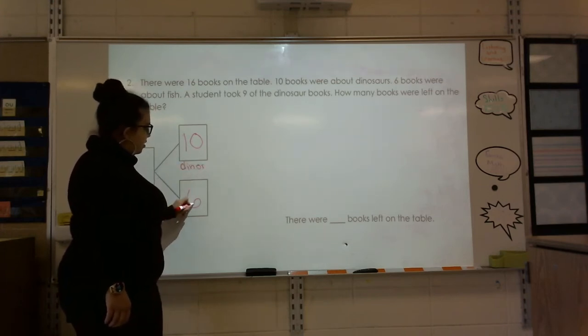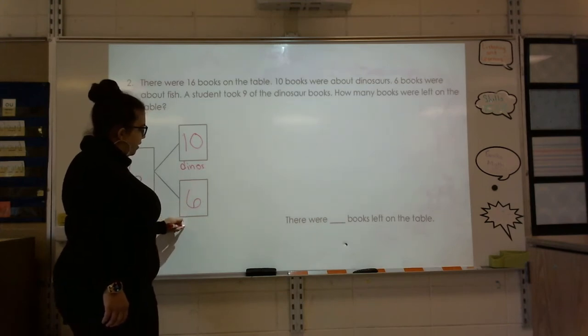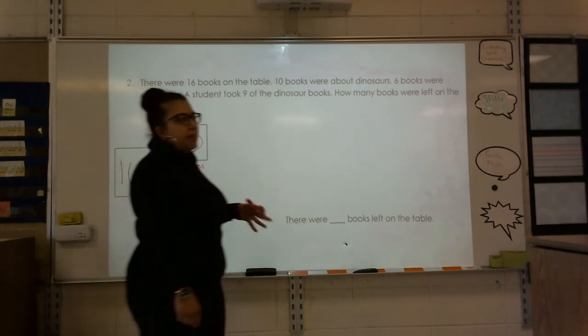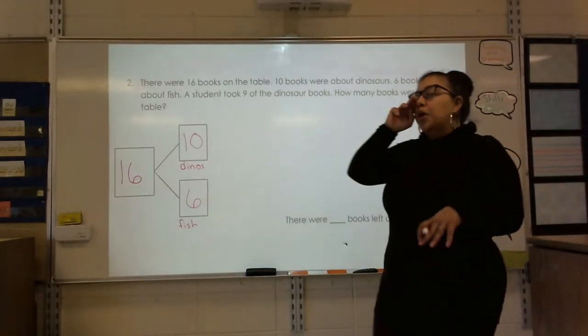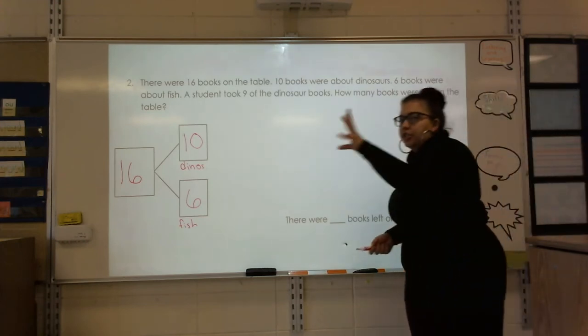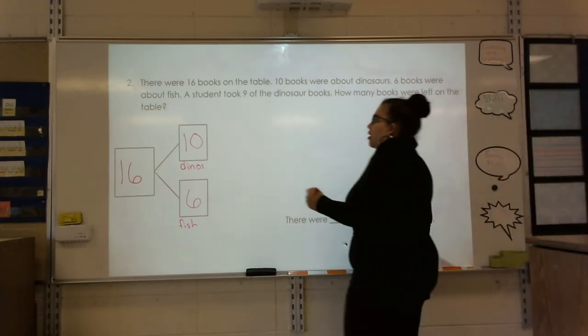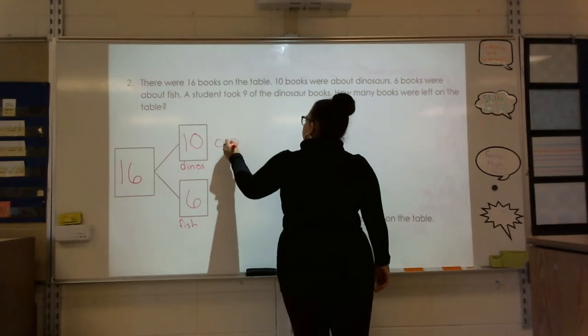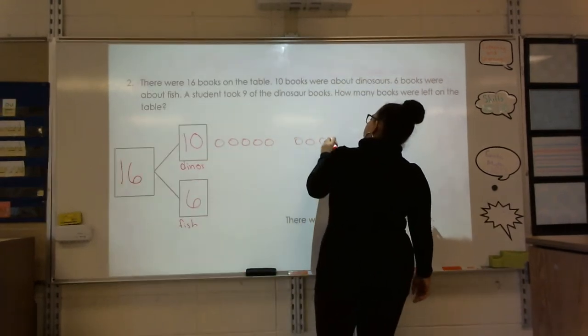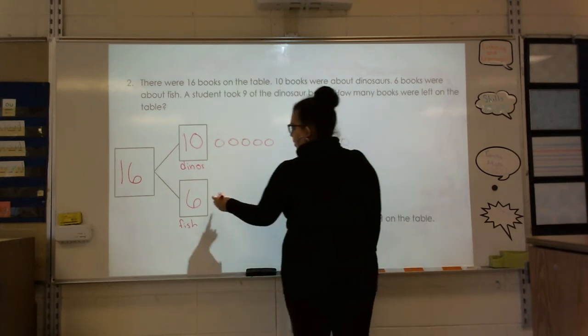And these 6 are all about fish, like Nemo and Marlin and Dory, and probably some different ones as well. So we're going to draw our picture to show how many books the student took. So let's draw our 10 dino books. Let's draw our 6 fish books.